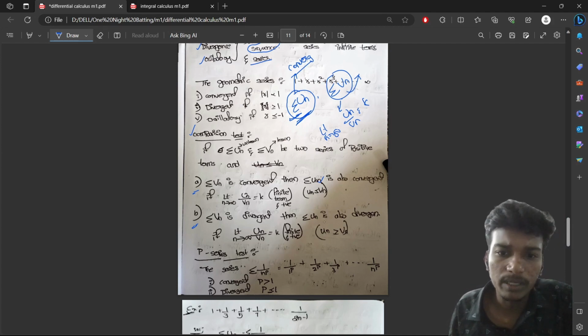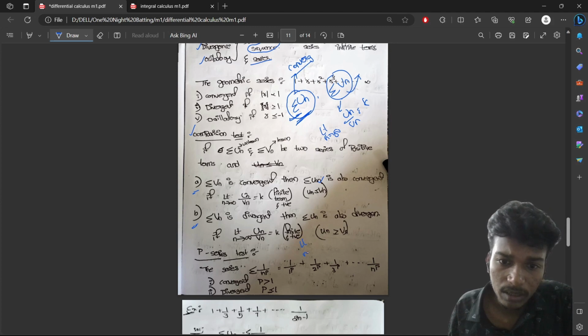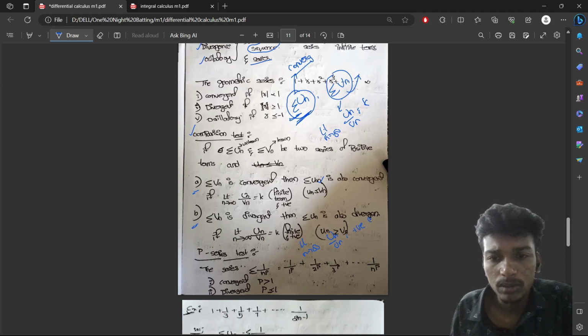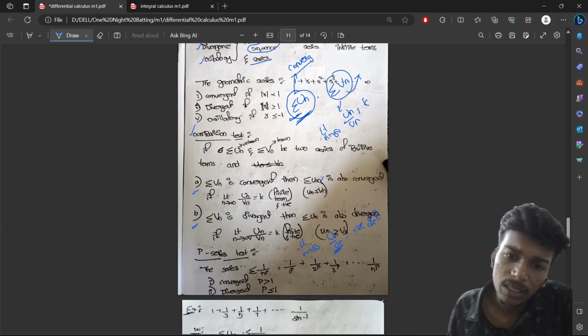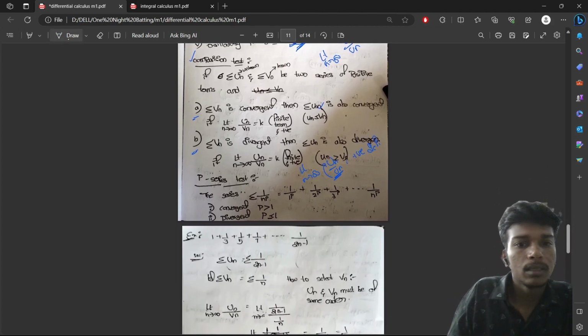If sigma vn is divergent, and limit n tends to infinity, un by vn is equal to some positive value, then sigma un is also going to be divergent. That's what the comparison test says.